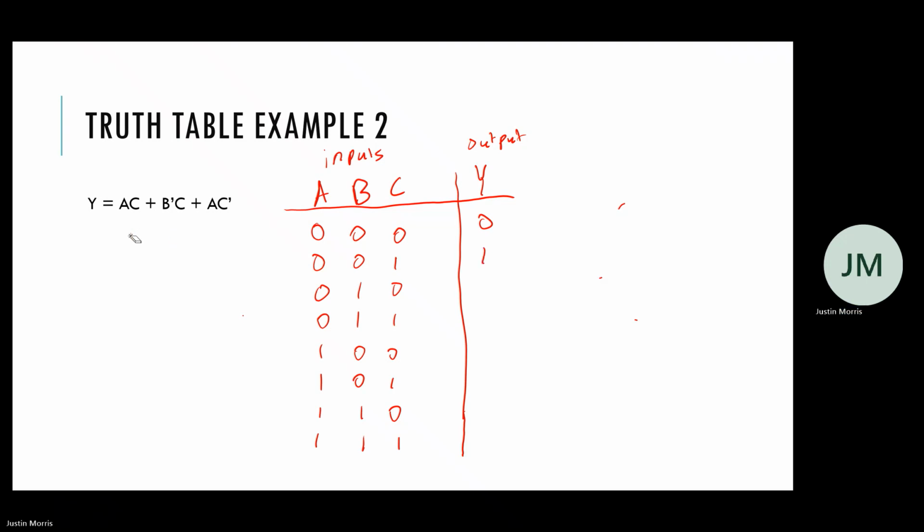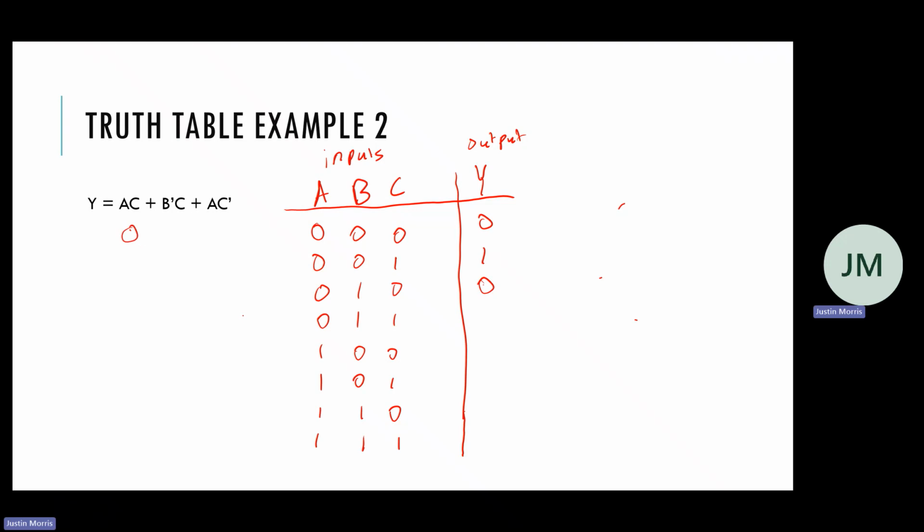And again, for the next row, AC, 0. B-not C, zero. AC-not, 0. 0 or 0 or 0. Okay, again, AC. For the next row. Yes.